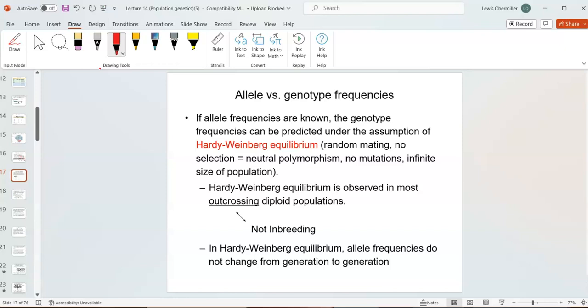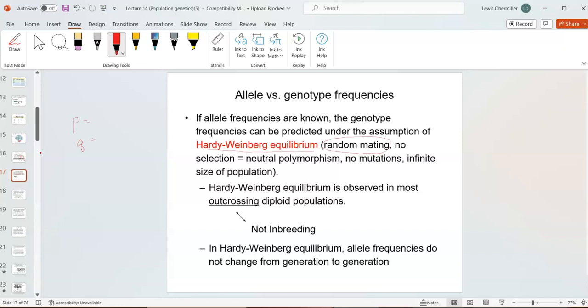All right. So if we know the frequency of P and the frequency of Q, then we can predict under the assumption of Hardy-Weinberg. There are lots of things in Hardy-Weinberg that we have to assume. There's random mating, which means gentlemen can't prefer blondes. You have to randomly mate, with no choosing of a mate.